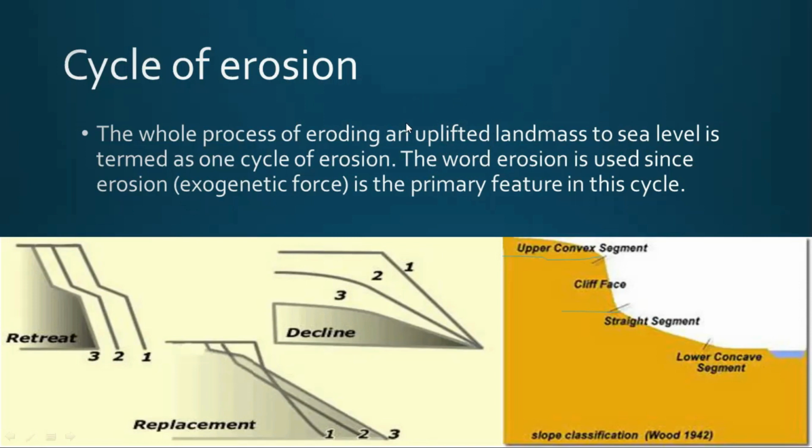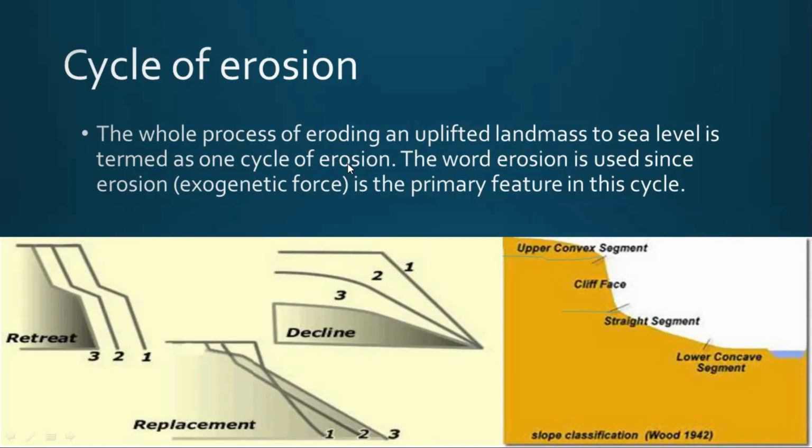This upliftment is done by the tectonic forces, that is the internal forces. Erosion is an external force. So here you see how external and internal forces are interacting. When the landmass is at sea level, it is first uplifted, and the process of erosion starts to bring it back to sea level. Once that is done, this is called one cycle of erosion.